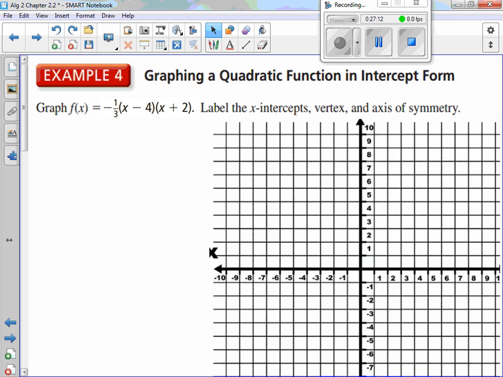I'm going to do this one a little bit differently. Grab your graphing calculator. We're going to use it.